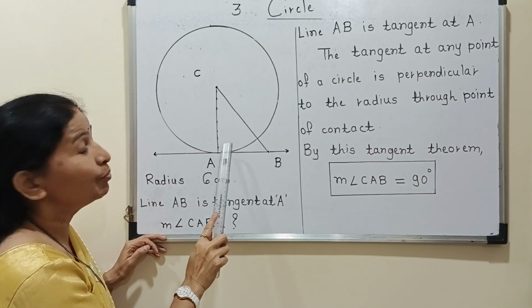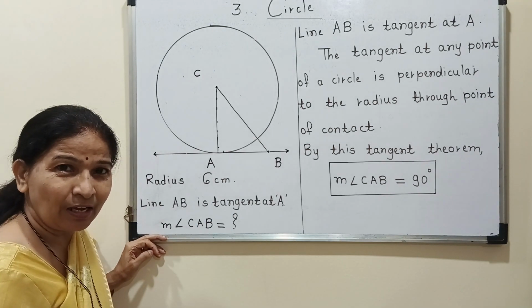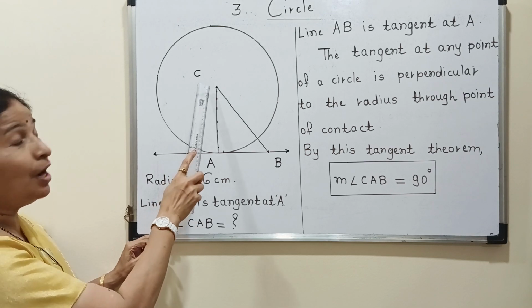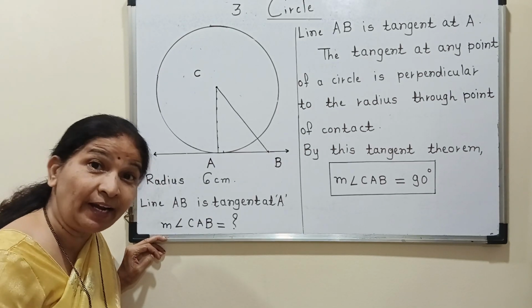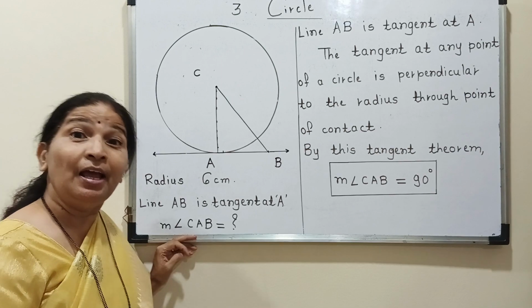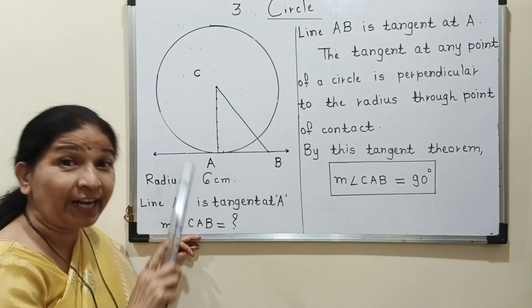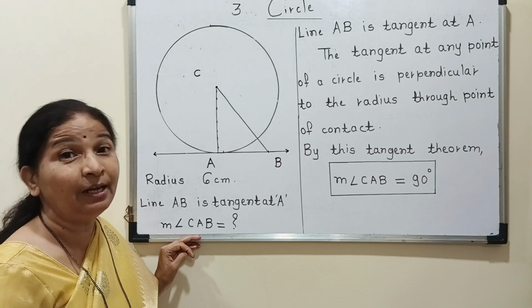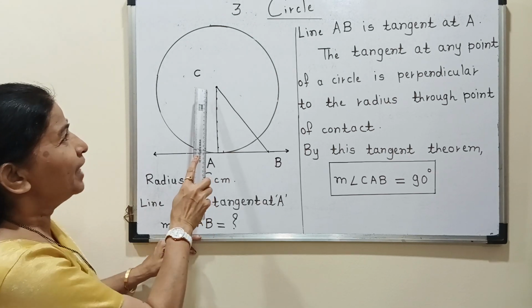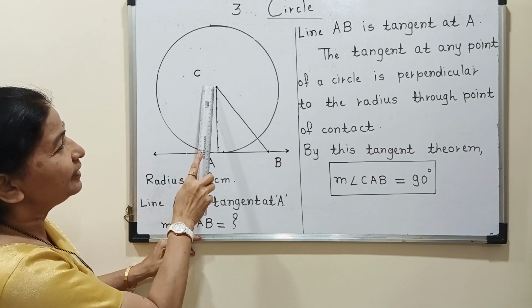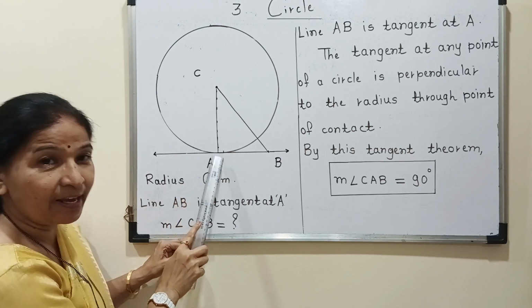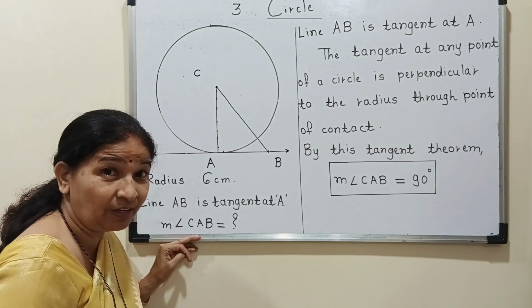CAB, this one. Okay, so at first, which information had they provided you? They said that the radius of the circle is 6 m. May I say that CA is the radius of the circle?